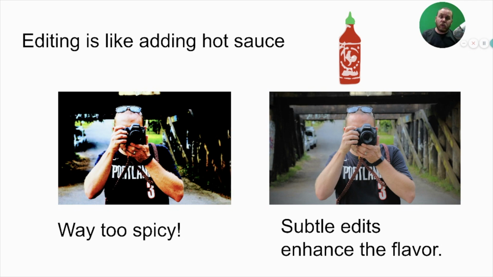But as you're learning the basics of photography, you want to learn how you can make subtle edits to really improve your photo. So this one I think is much more subtle, right? The hot sauce has enhanced my photo, but it hasn't made it taste like nothing but hot sauce. So a little bit of editing goes a long way.